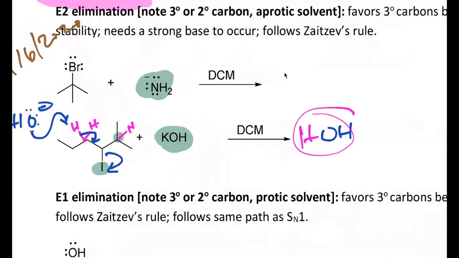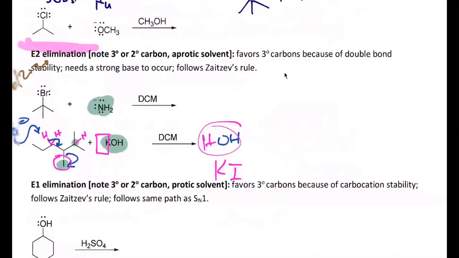And then we're going to get KI, because when the leaving group leaves, the positively charged potassium that's right here is going to end up with the leaving group. So KI, and then one of my products is going to look like this. Like that.